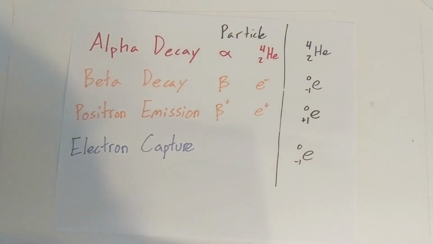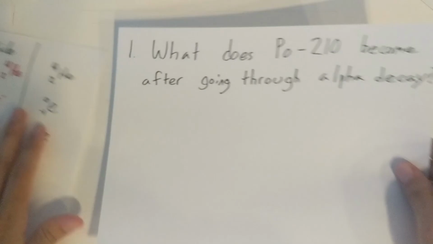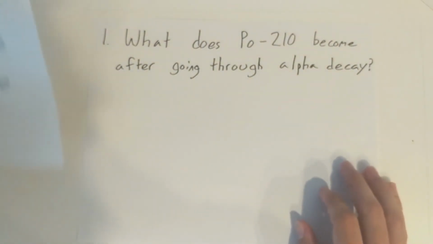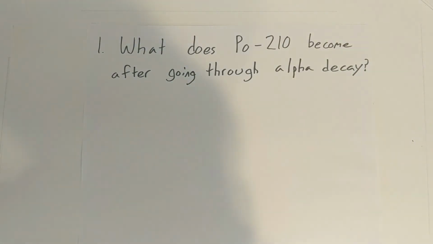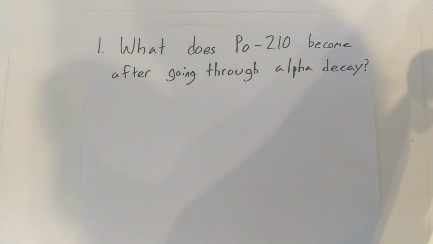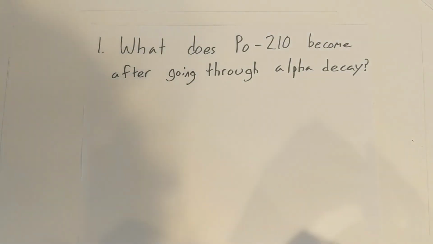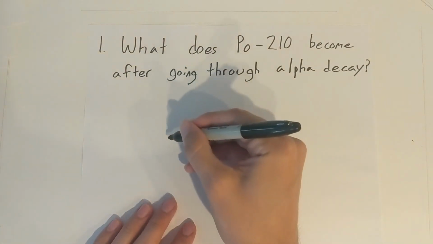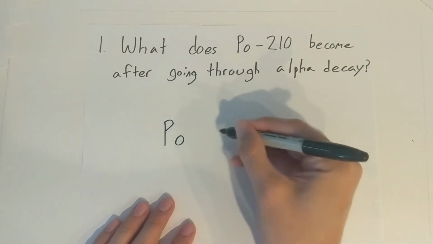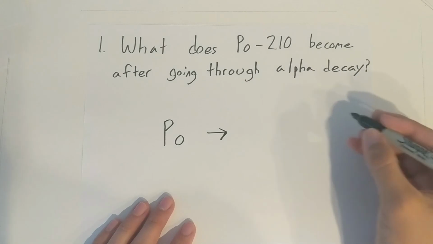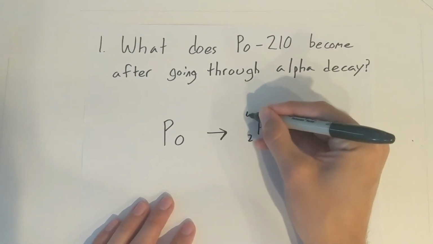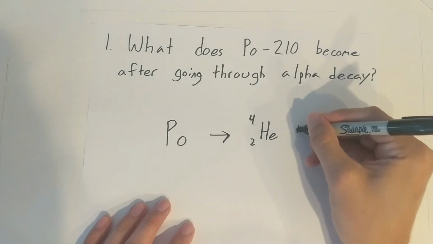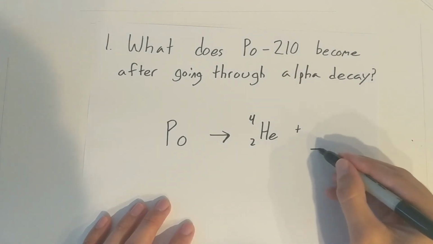So a question might look like, what does polonium-210 become after going through alpha decay? So what we're going to do is we've got polonium on one side, and it's going through alpha decay, and it's becoming a completely different element.